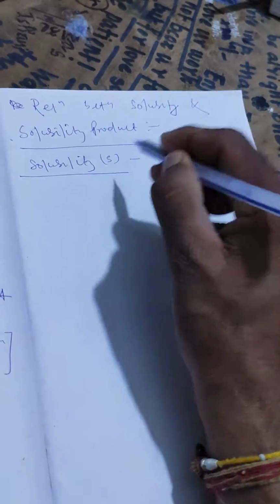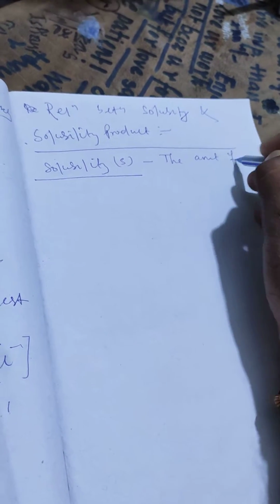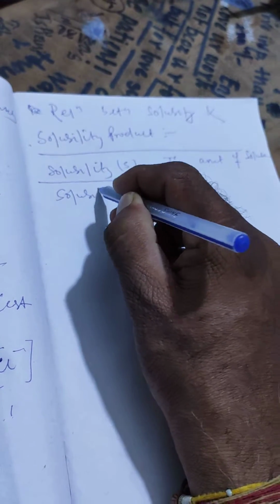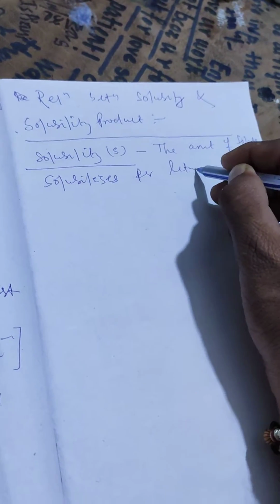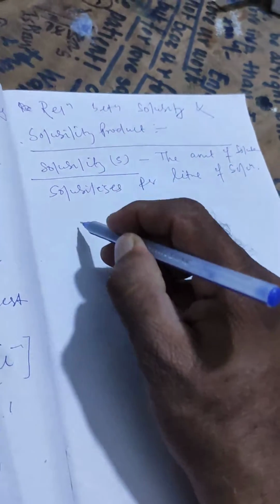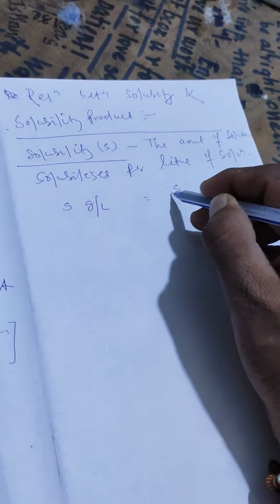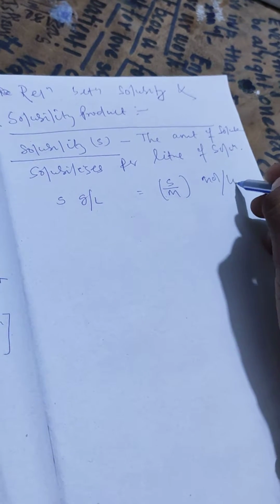It can be converted to moles per liter also by dividing by the molecular mass. Okay. The solubility means the amount of solute that solubilizes per liter of solution. So this S may be gram per liter, or S by M, by dividing by the molecular mass, it will be mole per liter.